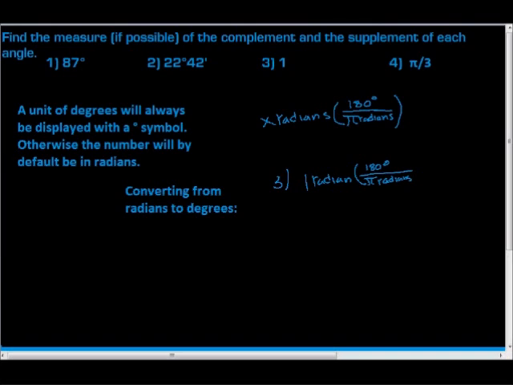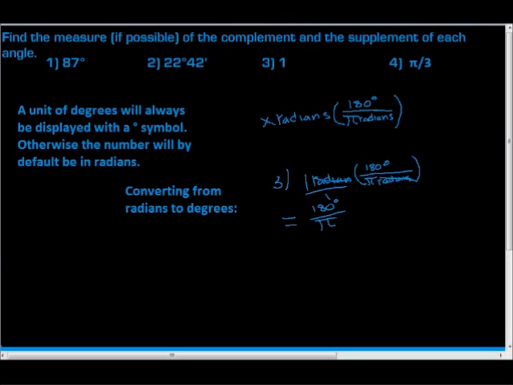So if we do the math here, we know that that's 1 over 1. If we multiply across, we can cancel out the radians here, and we're left with 1 times 180 degrees, which is 180 degrees, and 1 times pi is going to be pi.